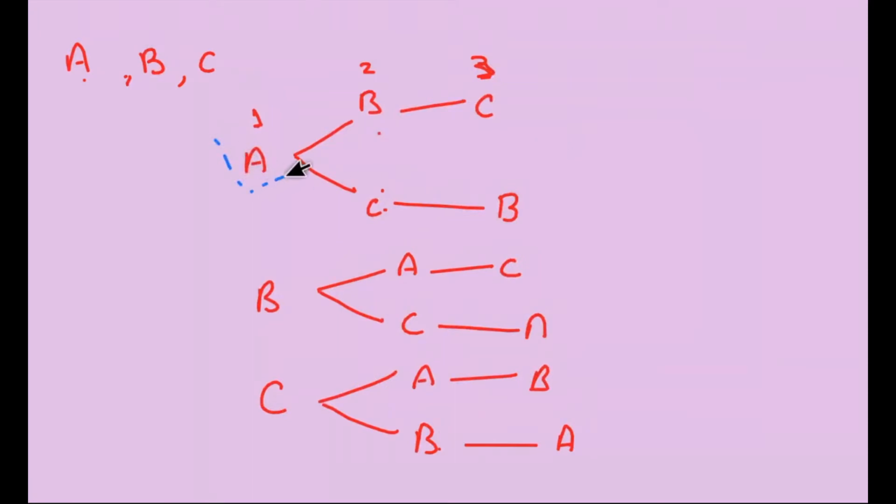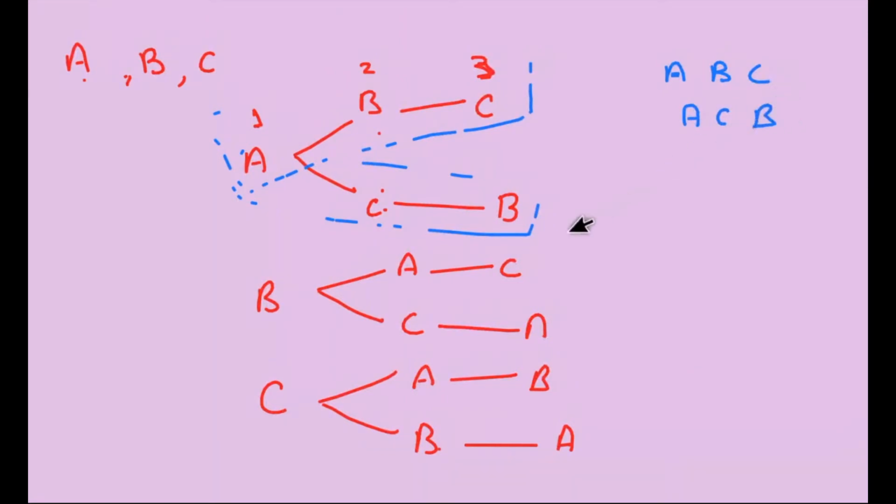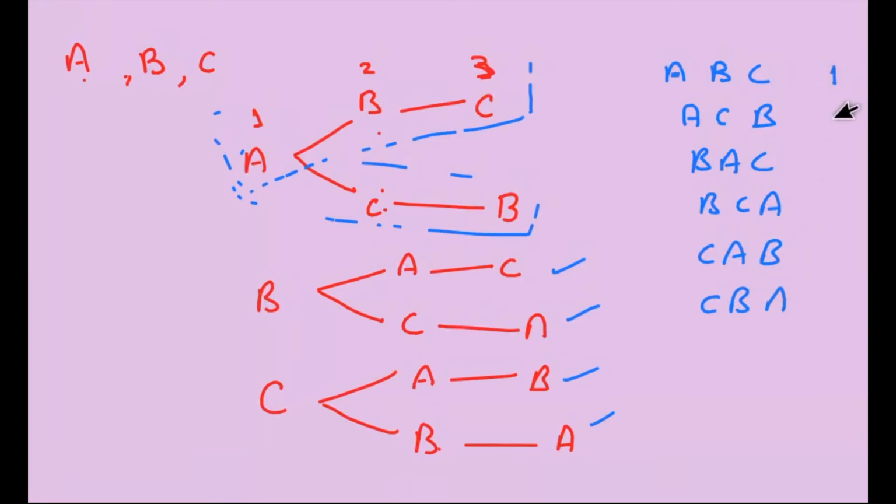Number 1 photograph: A, B, C. Now similarly the second photograph: A, C, B. The next photographs are B, A, C and B, C, A and C, A, B and C, B, A. Now how many photographs? 1, 2, 3, 4, 5, 6 photographs.